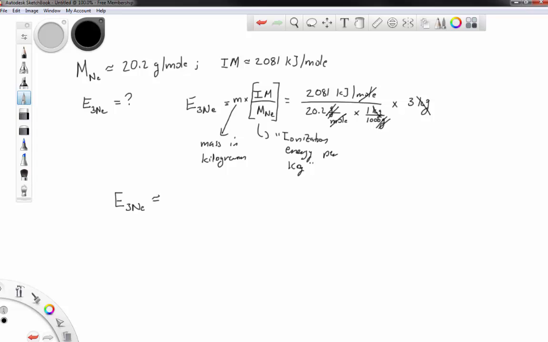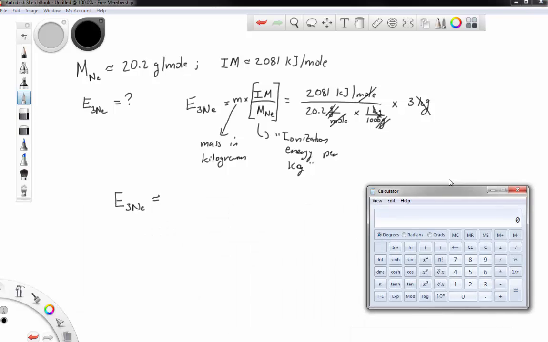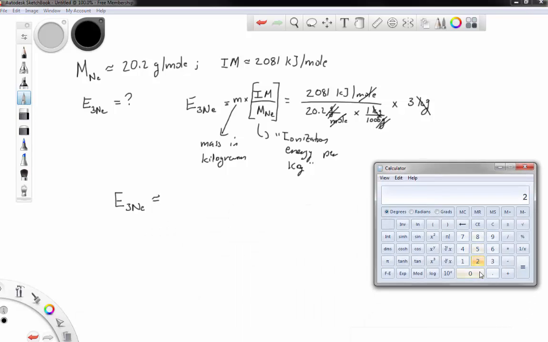Let's pull out our calculator and plug these guys in. 2081 kilojoules times 3 kilograms divided by 20.2 over 1,000, because this one's over 1,000 here.